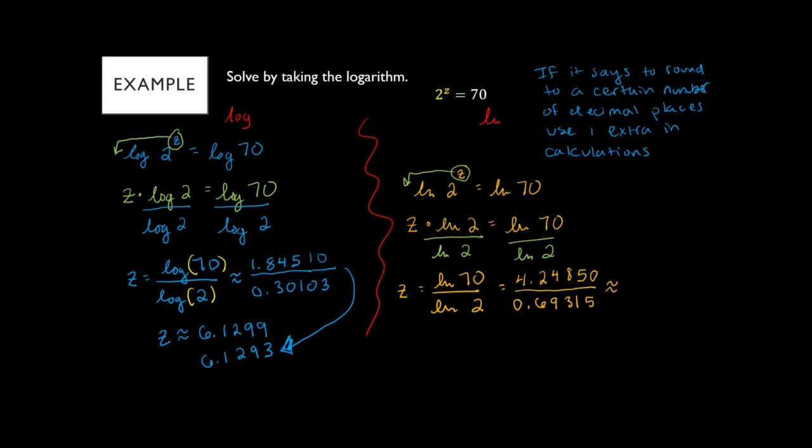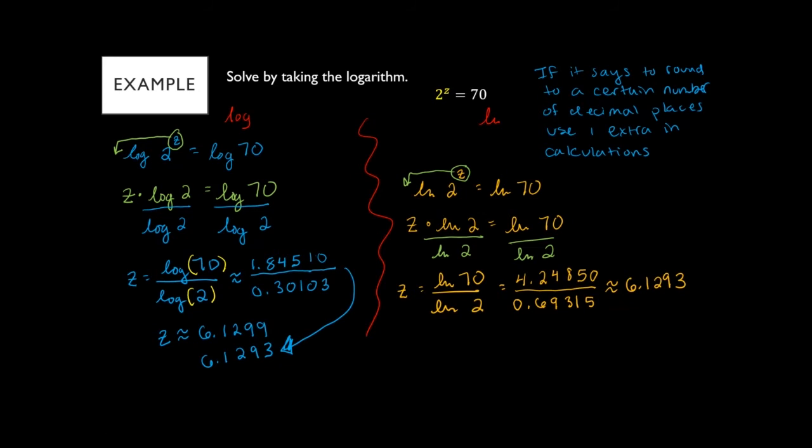And so I'm going to divide those. And I get 6.1293 when I round to 4 decimal places. So we got the same exact answer. It'll be slightly different in the decimal places, but with the rounding, it comes to the same answer.